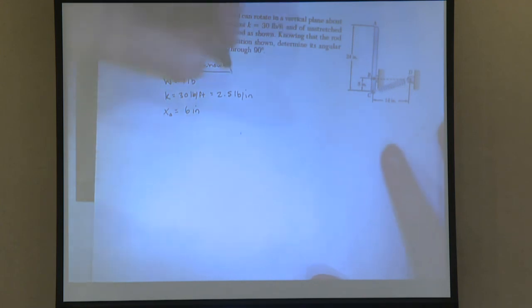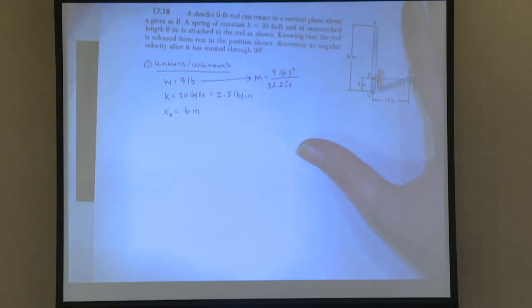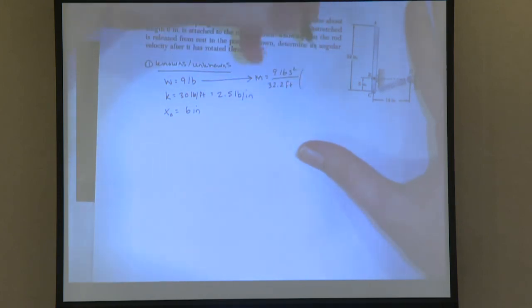I can find the mass from here. So here's where this gets a little strange. We have 9 pounds, right? And I'm going to divide that by 32.2 feet per second squared. If I'm converting everything to inches instead of feet, I have to convert my mass to a really weird unit.